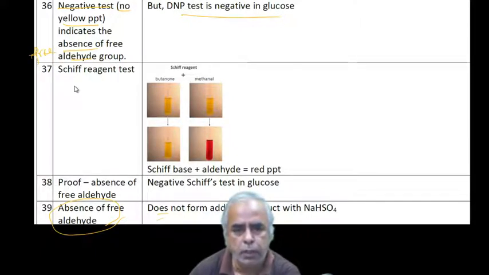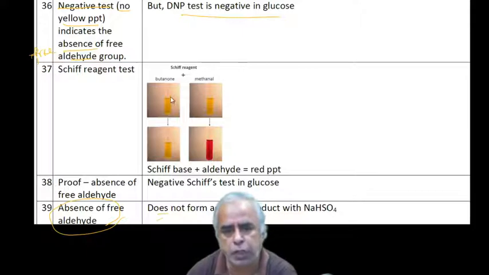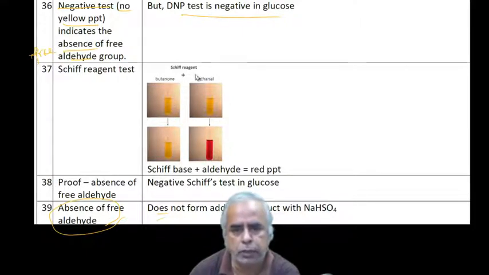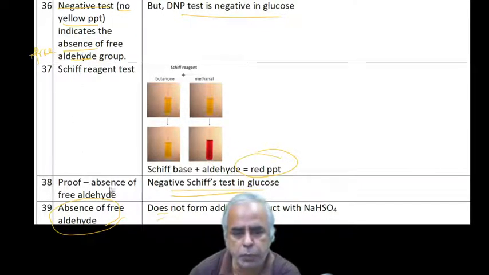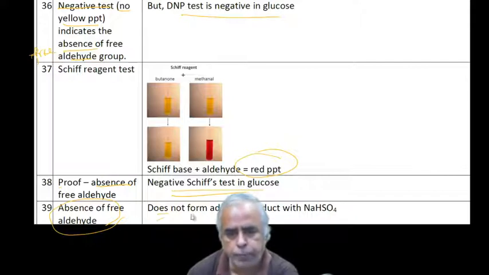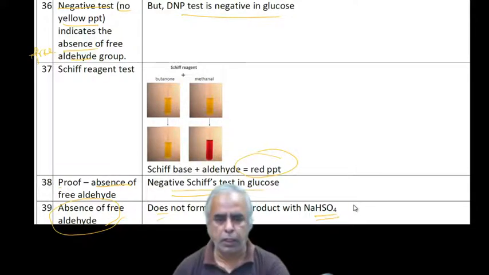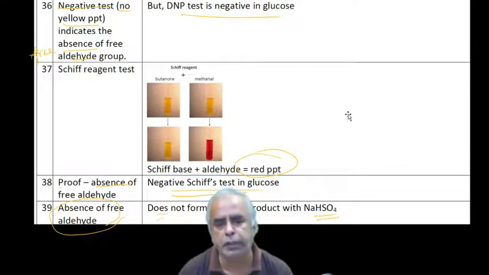At the same time, it reacts with Schiff's reagent. When an aldehyde reacts with the Schiff's reagent in presence of methanol, we are able to get a red precipitate. Here there is no red precipitate. With the Schiff reagent, glucose gave a negative result. That is the proof that there is no free aldehyde. Not only that, it doesn't react with sodium bisulfite, that is a very popular addition product with any aldehyde.